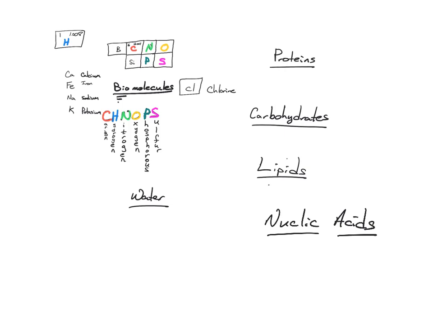So an example of a lipid would be a phospholipid or cholesterol. A nucleic acid example would be DNA. Another nucleic acid example would be RNA. We have a few minutes left in class.